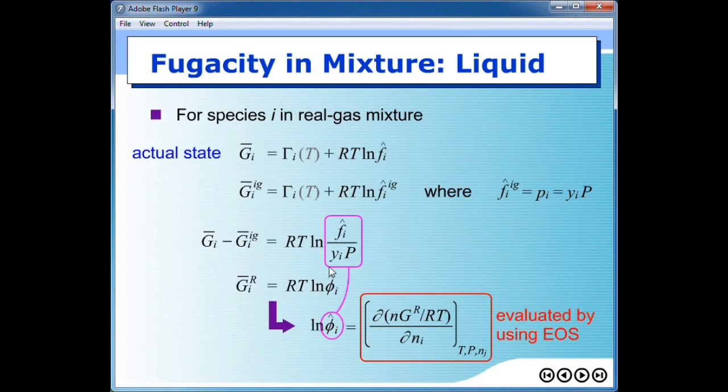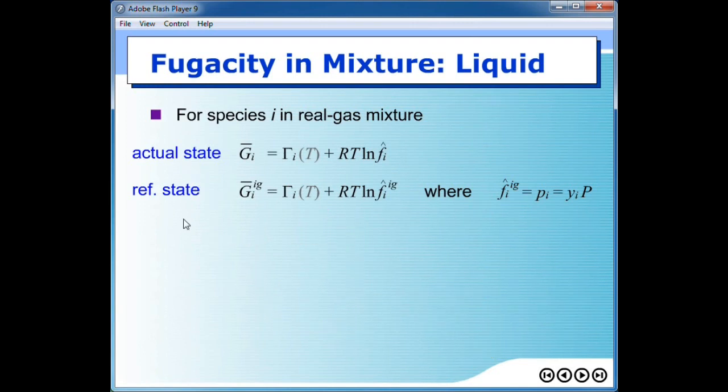In this equation, we consider the first equation to be the state we are interested in. This is our system. And this one would be what we call the reference state. So these two equations subtracted from each other can be thought of as the deviation of our system from the reference state.